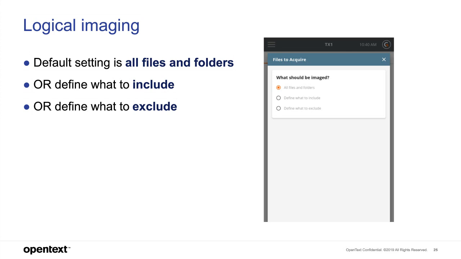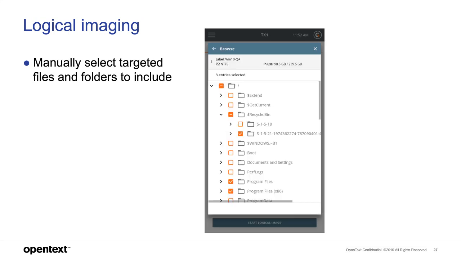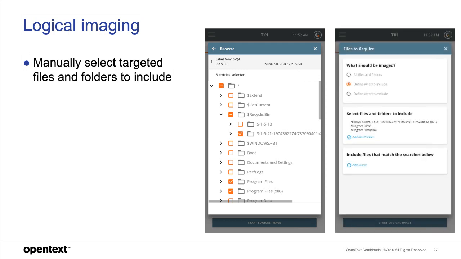It's as simple as browsing through the directory structure of the source volume and checking the box next to each file or folder. You can combine almost any combination of direct selection and rule-based searches to make your TX1 logical imaging session as simple or as complex as you need.